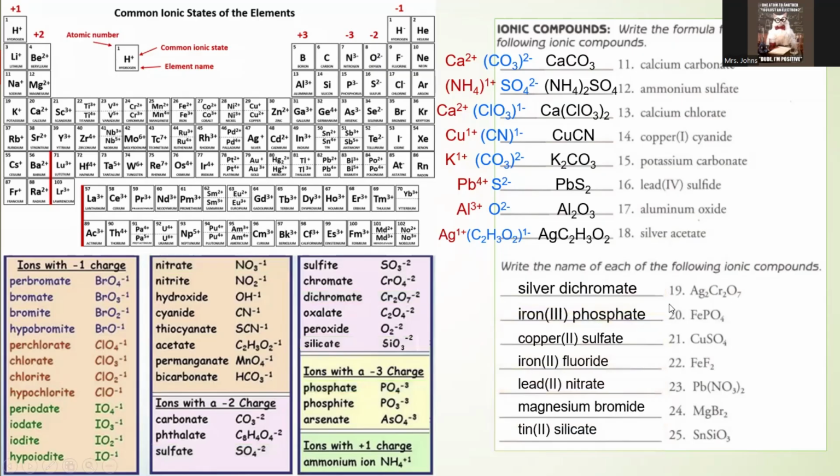So silver dichromate, iron with the Roman numeral 3 phosphate, copper with the Roman numeral 2 sulfate, and all these just like what we said. All right, let me know if you have any questions or if anything's not making sense to you. I think you should be all ready to take your quiz number 5.